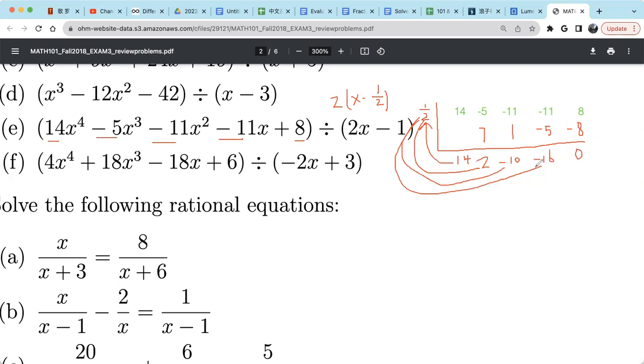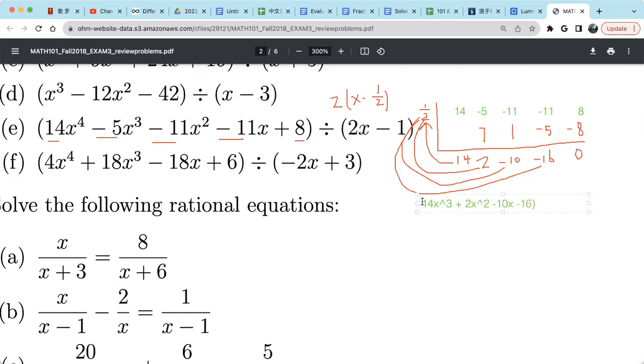Okay, no remainder. Let's write down the answer first. So that's 14, and this 14 is the coefficient of x raised to 3. Plus 2x squared minus 10x minus 16.